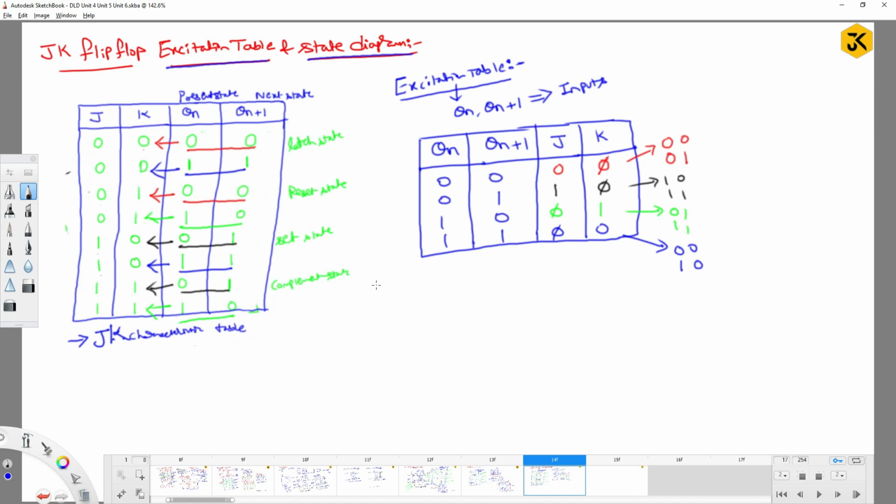Next, let us try to draw the state diagram for this, right? So guys, a state diagram basically defines, on which state, if you give some kind of input, which state it will move to.